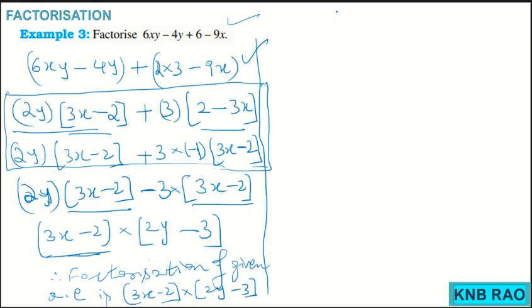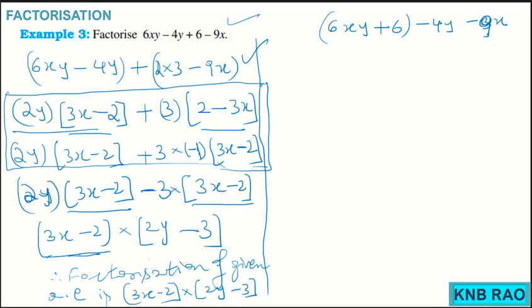Children, I said there is another method of doing it. How am I going to do it? Look at this. I am taking 6xy, and this plus 6 I will bring next to that, and I will regroup them as one. Next, minus 4y minus 9x.